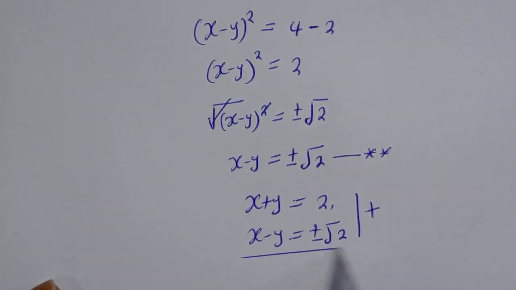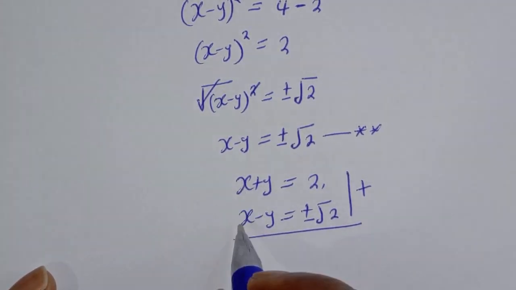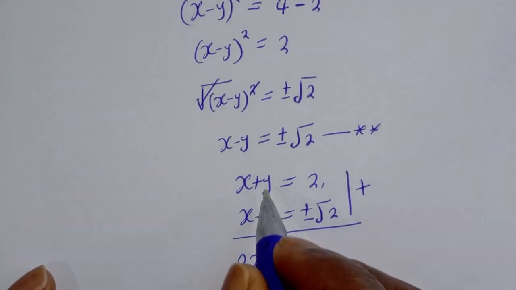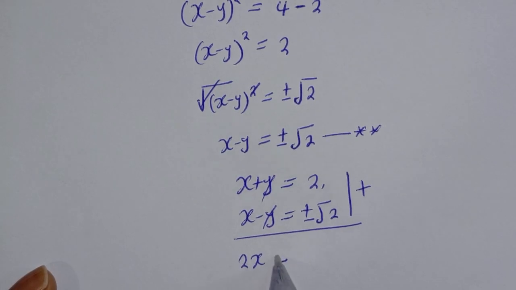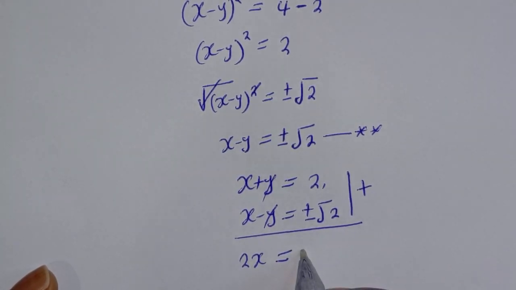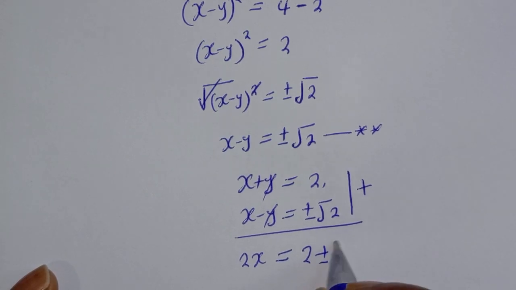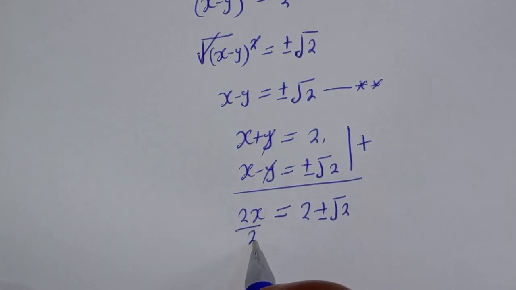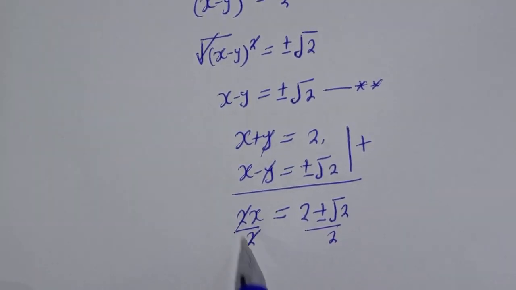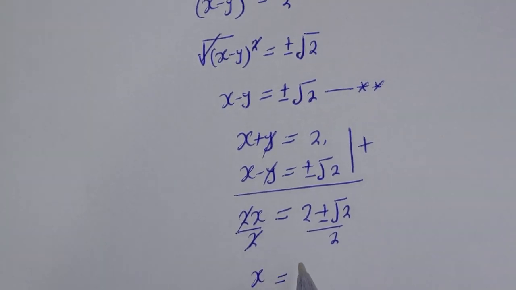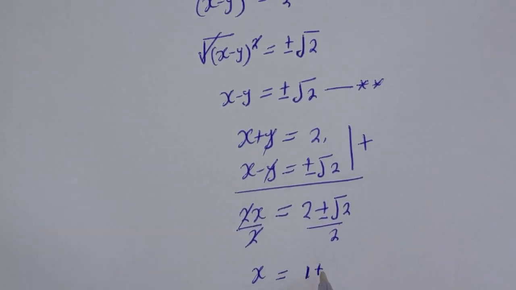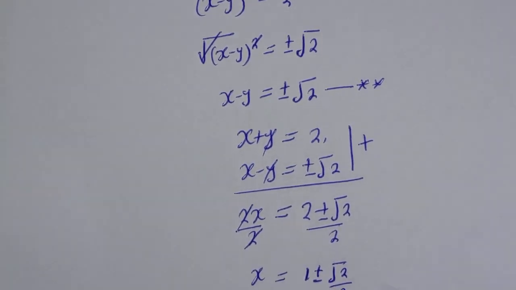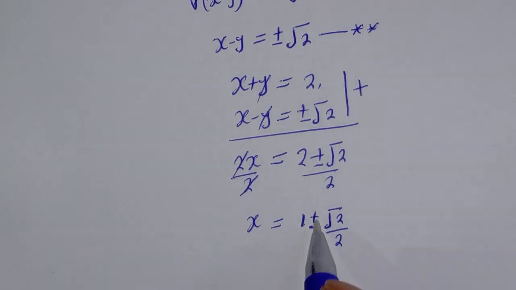Let's add the two equations together. x plus x is 2x, then minus y plus y will cancel, and this will be equal to 2 plus or minus root 2. Since we are looking for the value of x, let's divide both sides by 2. x will be equal to 1 plus or minus root 2 over 2.